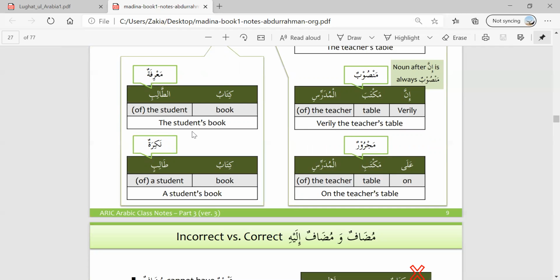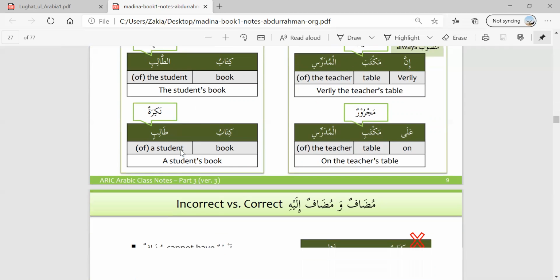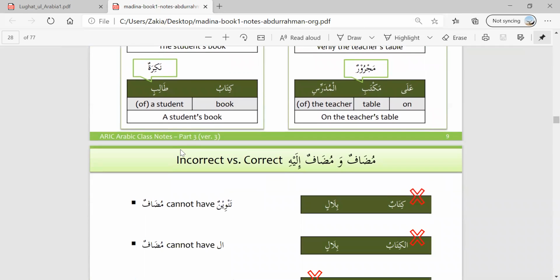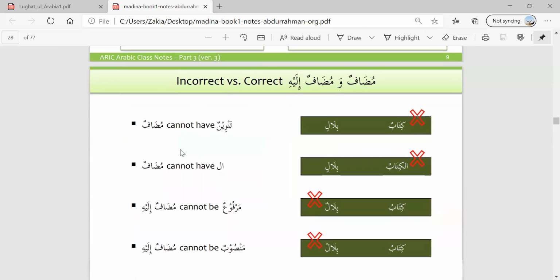So we're talking about something very specific here, the student's book. And here, a student's book, this is a general statement. When we're making a general statement, it'll be nakira, and if it's a specific statement, talking about a particular book, we'd say the book. I hope that's clear, inshallah. If not, please do clarify with your teacher in the lesson.